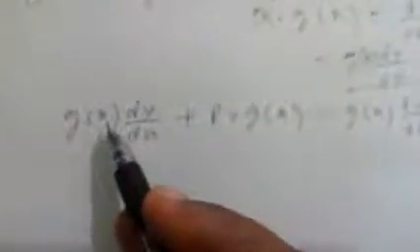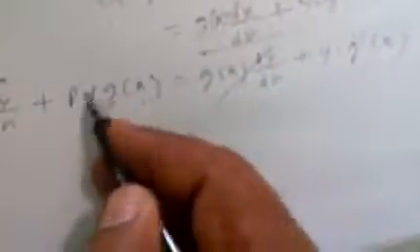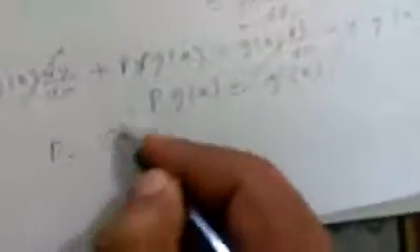Now you see here also g(x) dy/dx, so this and this cancel, and here also y on this side and on this side, so this also cancels, and here remains P g(x) is equal to g'(x). Now you can write P is equal to g'(x) by g(x).